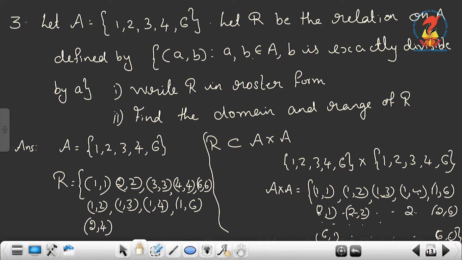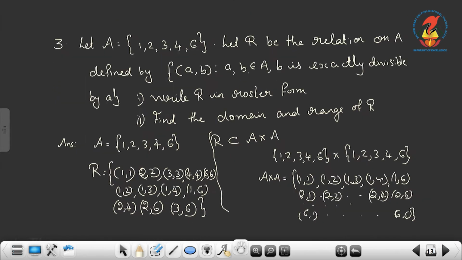Then (2,6) is possible, 6 is divisible by 2. Then (3,6), 6 is divisible by 3. Any other elements? Okay, so this is R.